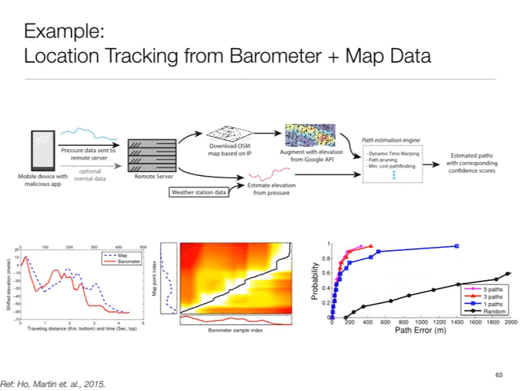The idea was the following, and this is an attack you can do on all phones even today: barometer data is almost always unprotected. I don't know about iOS right now, but it was certainly openly accessible, and on Android devices it is openly accessible, which means an application doesn't need permission to access it.